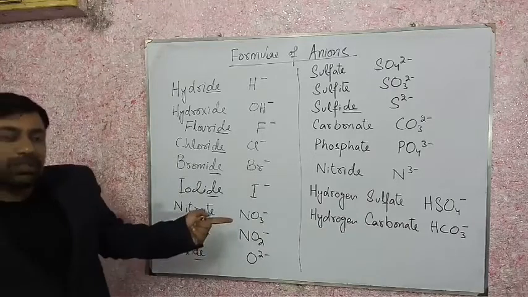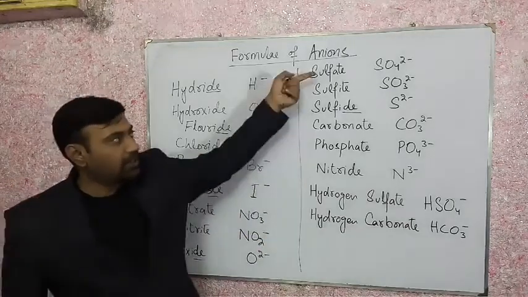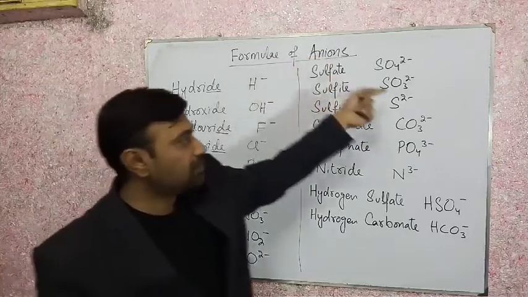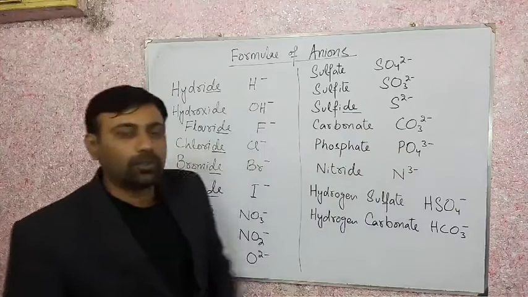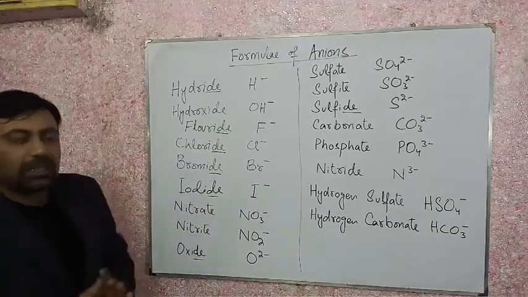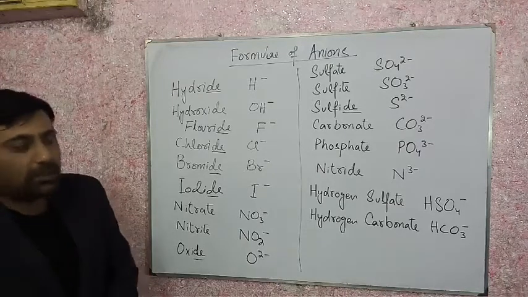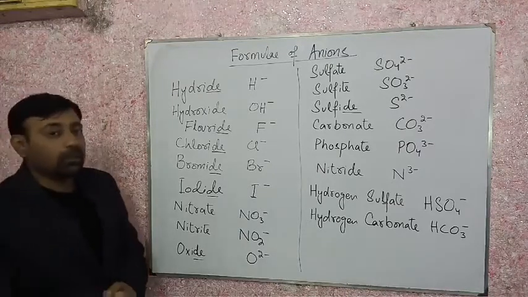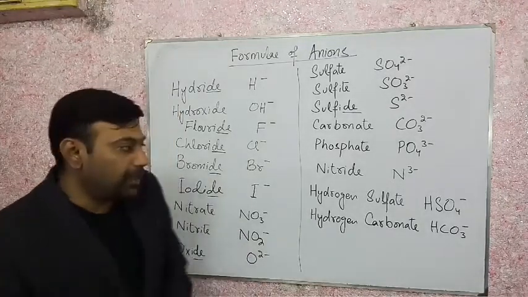Nitrite, again, nitrogen and oxygen. Sulfate, sulfur and oxygen. Sulfite, sulfur and oxygen. Carbonate, carbon and oxygen. Phosphate, phosphorus and oxygen. So you can predict in which ions oxygen will be present, but you will have to learn the number of oxygen atoms bonded to each atom of the other element.